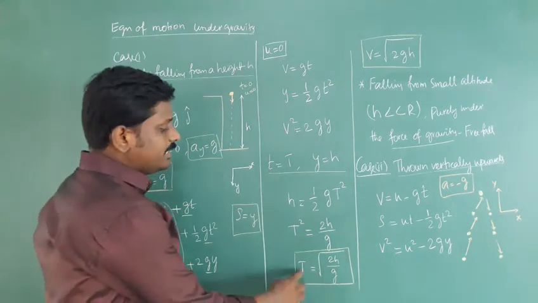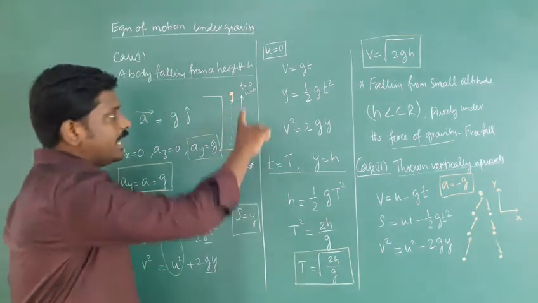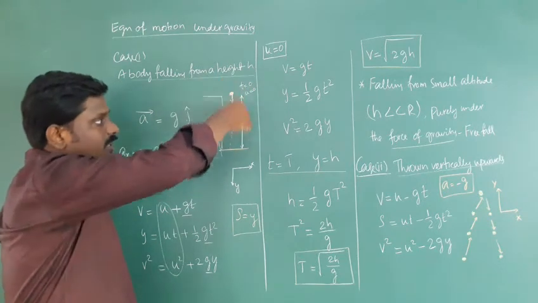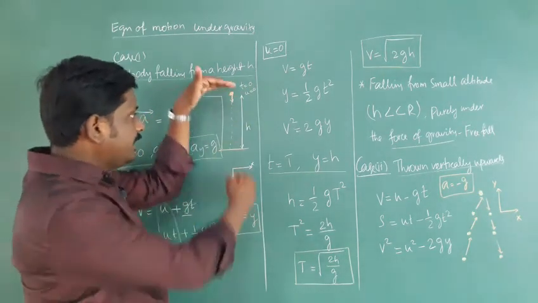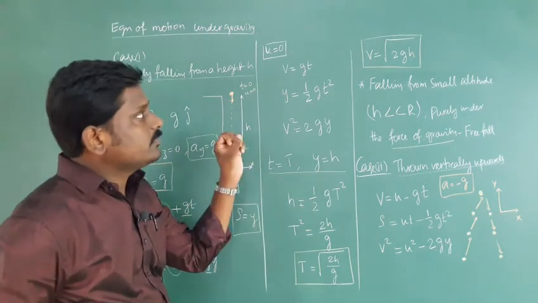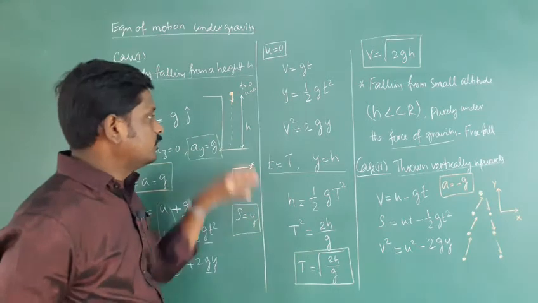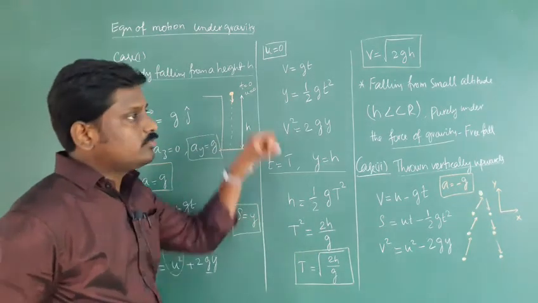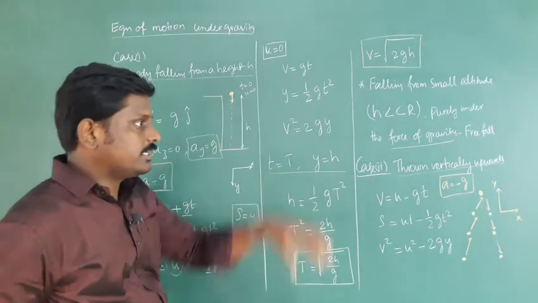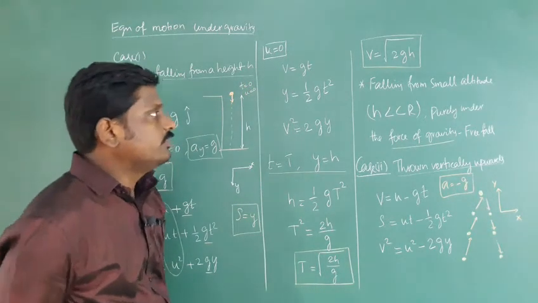So the time period depends on the height. If the height is more, the time of travel is more, and if the height is very small, the time of travel is very small. If an object falls from a very large height, like 1000 kilometers, the time period is very high.